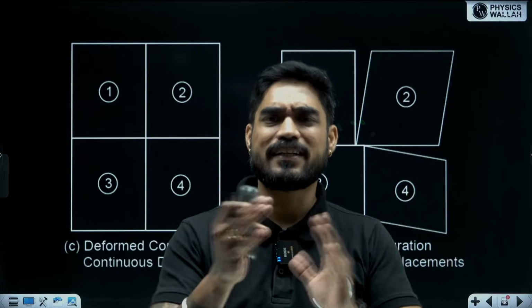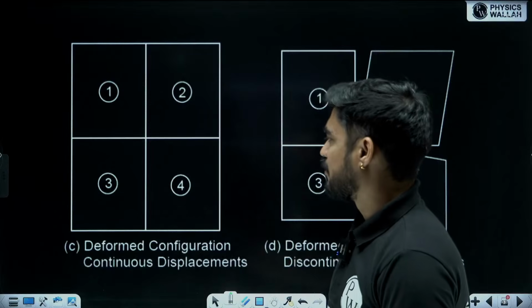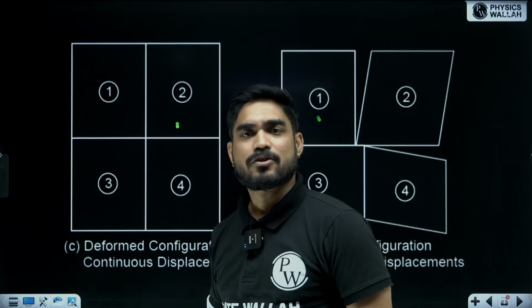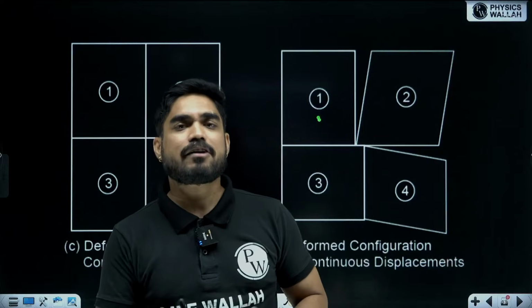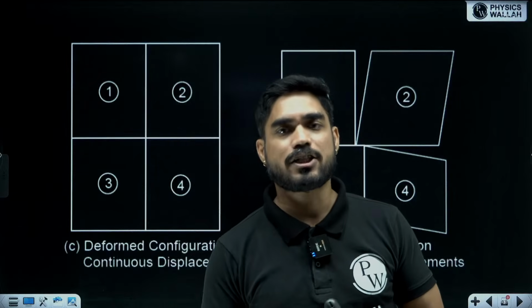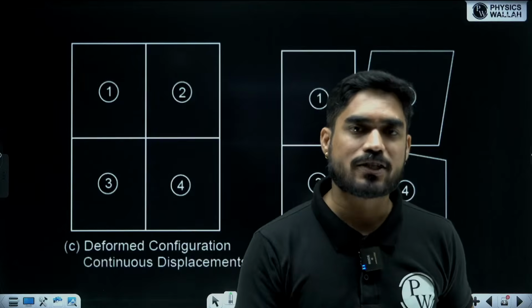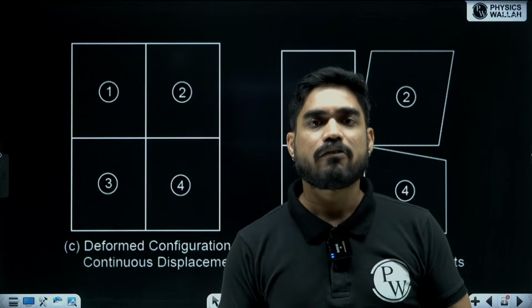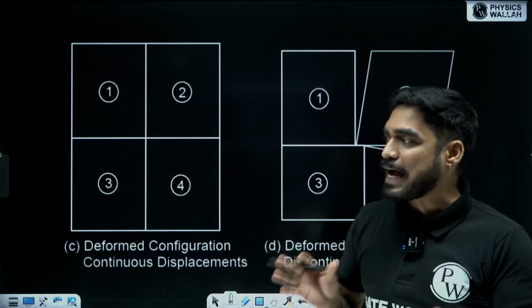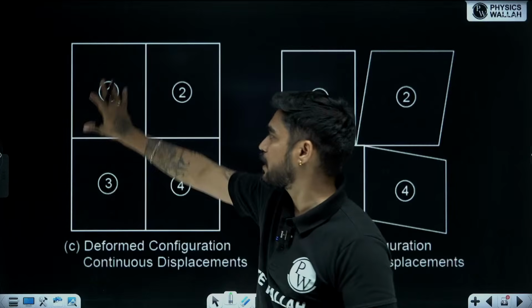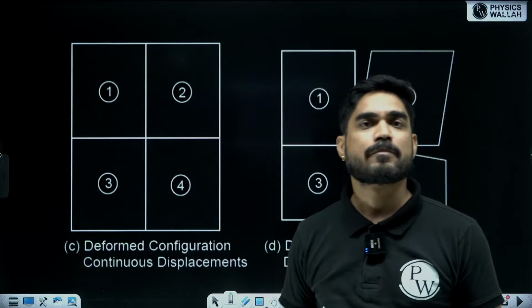They should be connected so that this happens, this does not happen. So there is a mathematical equation known as the compatibility equation in terms of epsilon x, epsilon y, gamma xy, so that we can ensure that after deformation we get a continuous displacement, a continuous body.